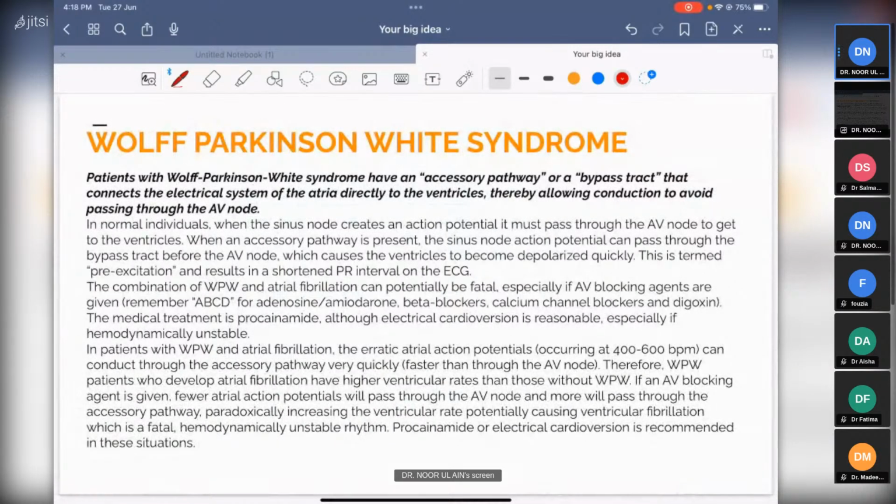So you have accessory pathways or bypass tracks. What happens is the electrical activity goes from the atria to the ventricles, and it has somehow bypassed your AV node. Some comes through the AV node, but not too much. Mostly the accessory pathways are so quick. I told you guys that the AV node is a very slow and very small tissue, so there is a lot of delay there, and that delay is kept for a reason.